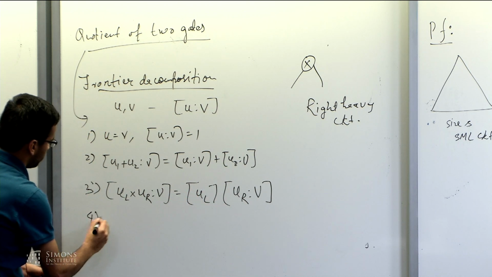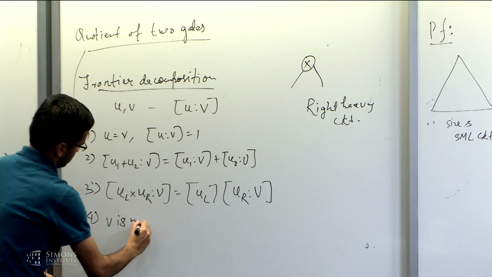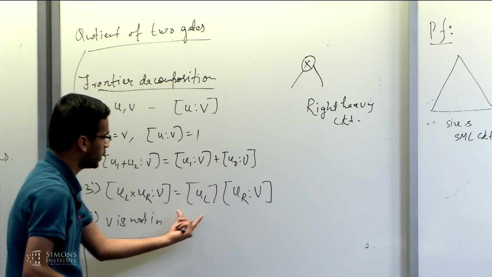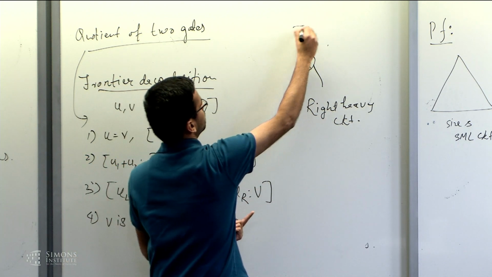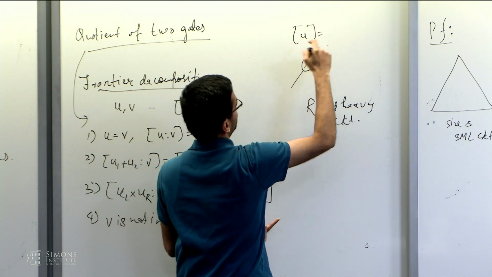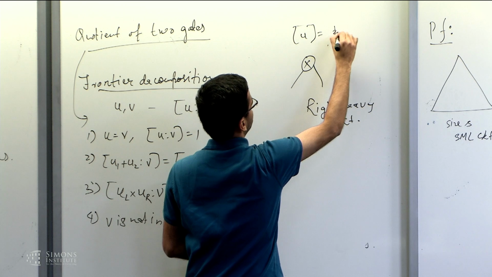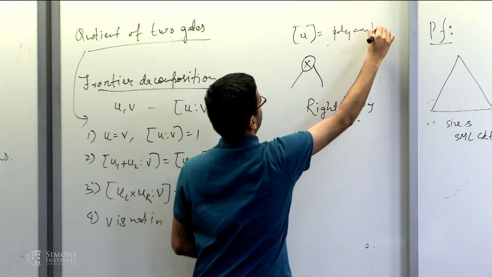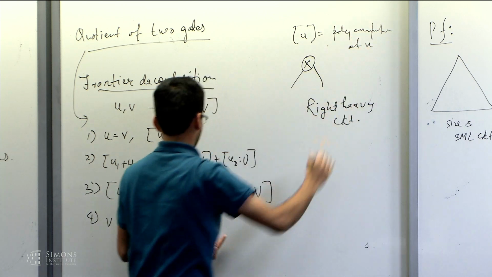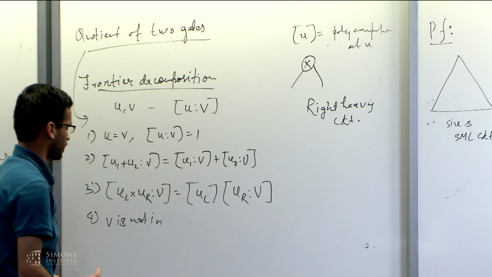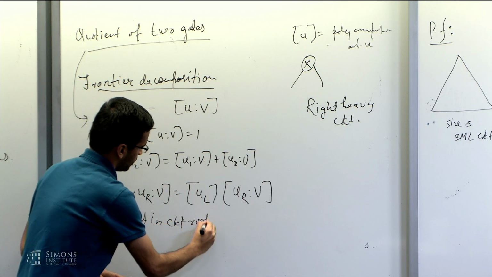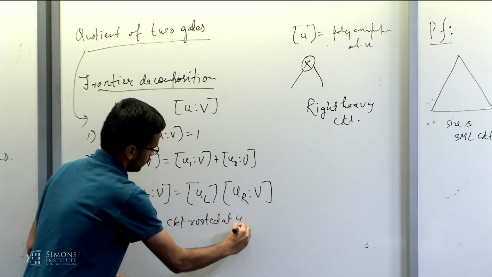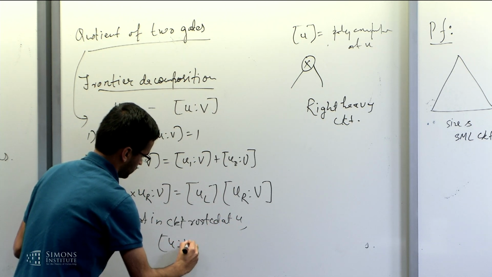And lastly, if u is a product, then the quotient is u_L times, where u_L is the polynomial computed at the left child, times the quotient with respect to the right child. And if v is not in the circuit rooted at u, then the quotient is 0.